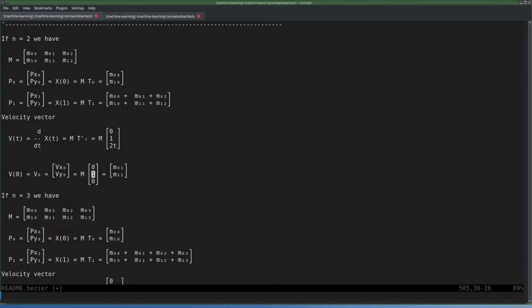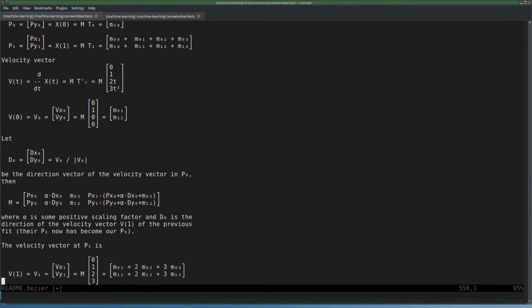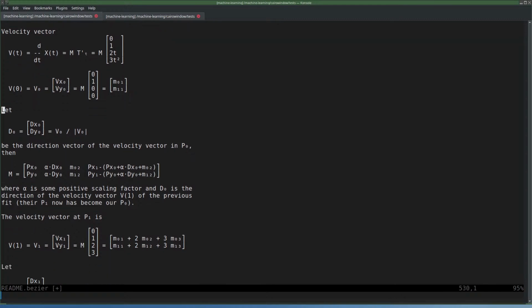Now you get obviously the same elements of M. And then we have, yeah, I want to work indeed with just a direction, so let's define that again. And then with that, we can rewrite M.